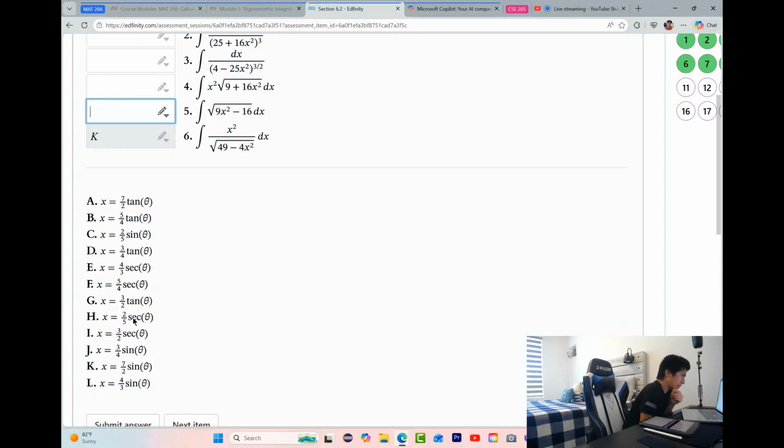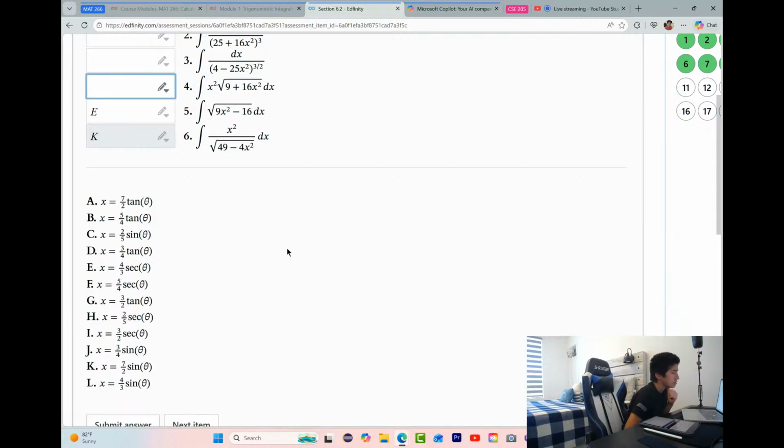Sorry, 3 times 9 is 27. 27 over 2. 27 secant minus 16. I don't think that'll help us. If we have 2/5, that's 18 over 5. That probably won't help us either. And we have 5/4. Oh, 4/3. I think that'll help us. 3 times 4, 12. All right, I'll say E, because why not?